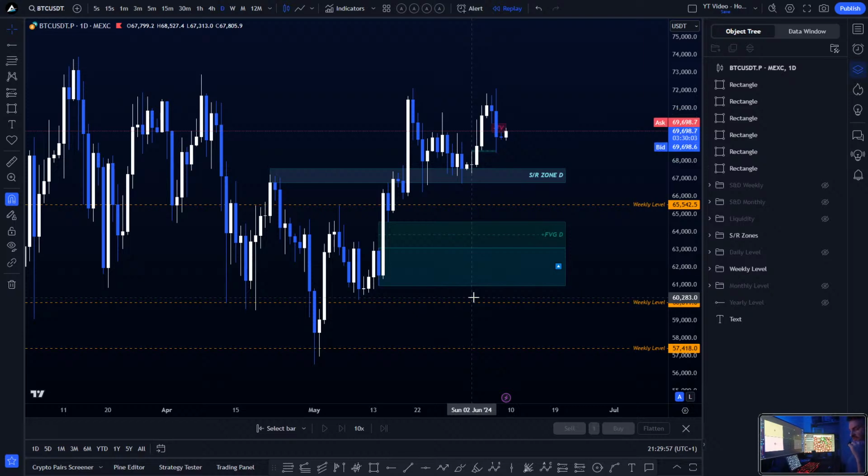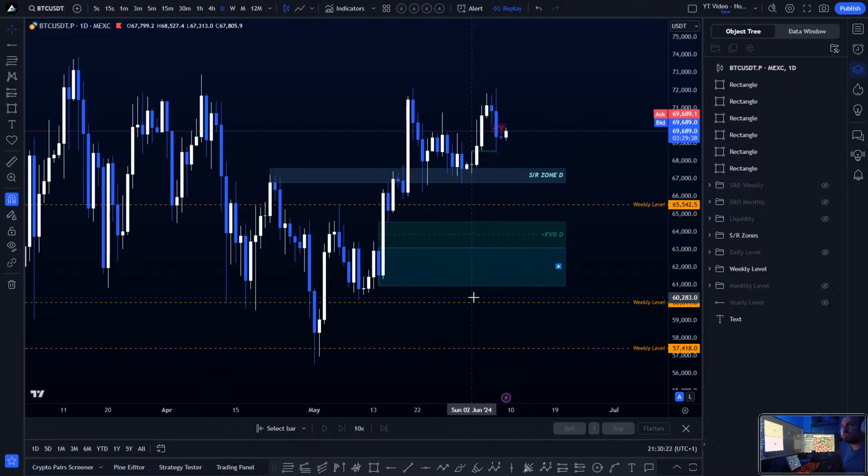We don't really want to be taking a constant look at what's inside. External liquidity. We don't want to care too much about internal liquidity. It's harder to trade. It's a lot more choppy. It's a lot harder to determine to which liquidity it is going to go.